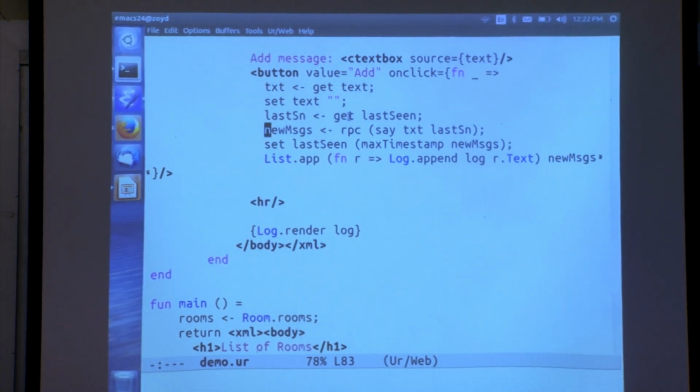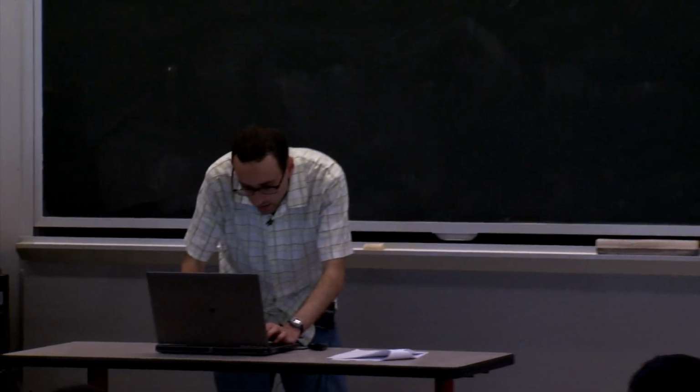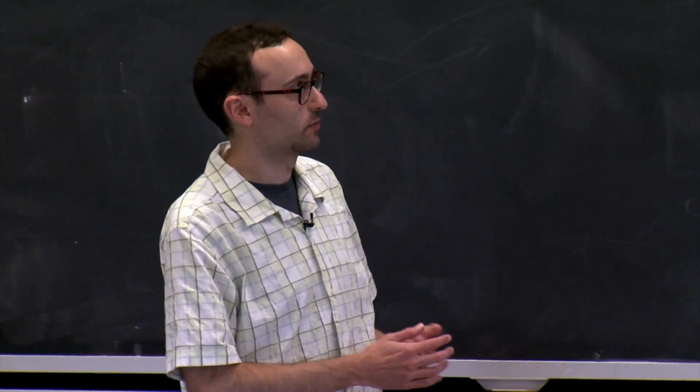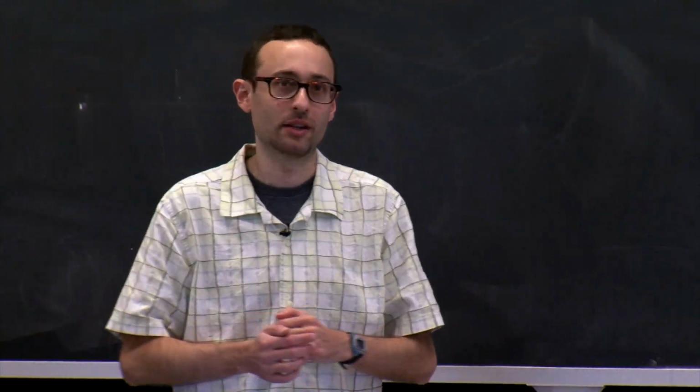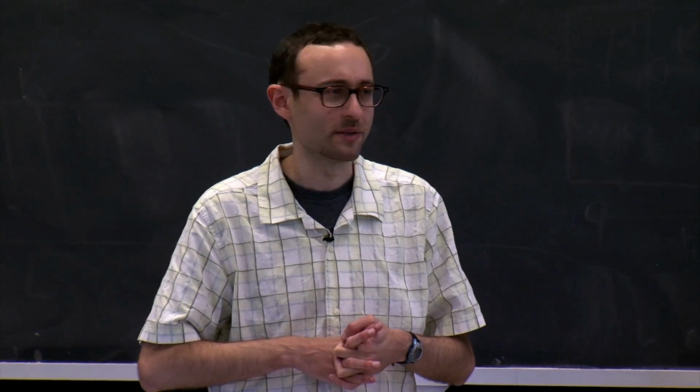Did I see another hand? Let's see, is there anything else interesting about this version that I want to mention? It involves implementation of a GUI widget using this functional reactive style, which is cool from a programming modularity perspective, but maybe less interesting from a security perspective.